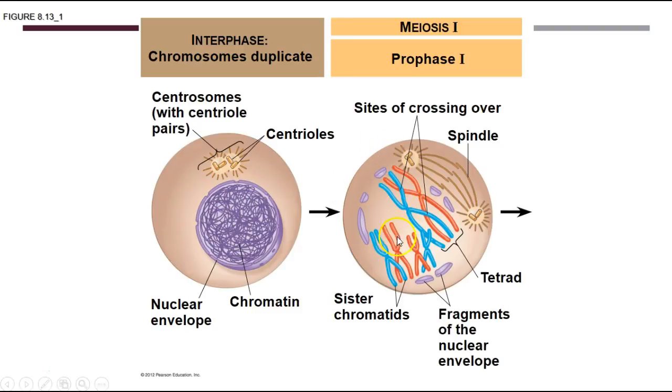But in meiosis 1, rather than just being individually separate from each other, the homologous chromosomes pair up together and form a tetrad, and then in that tetrad there is a crossing over between non-sister chromatids. So in other words, blue is going to cross with red and red with blue.